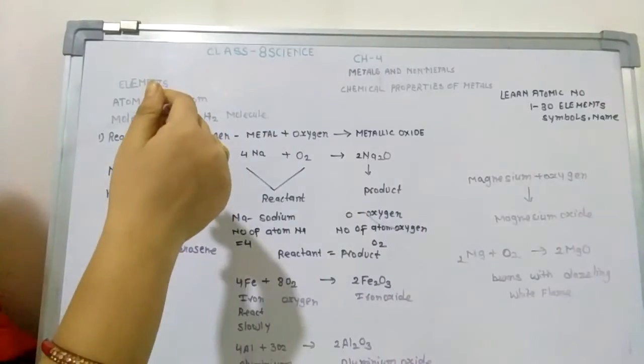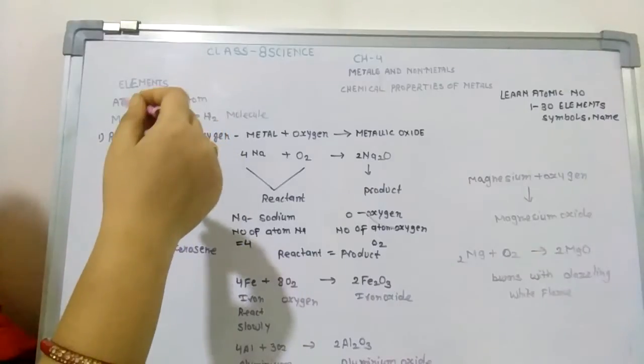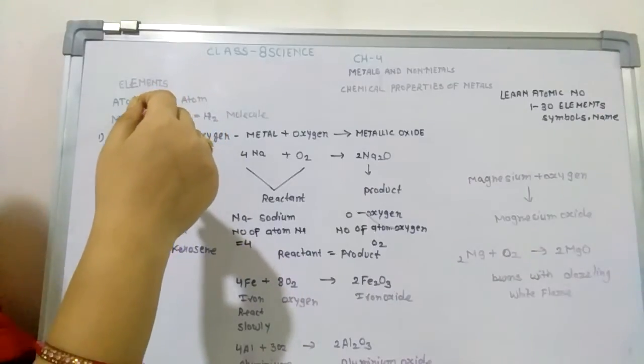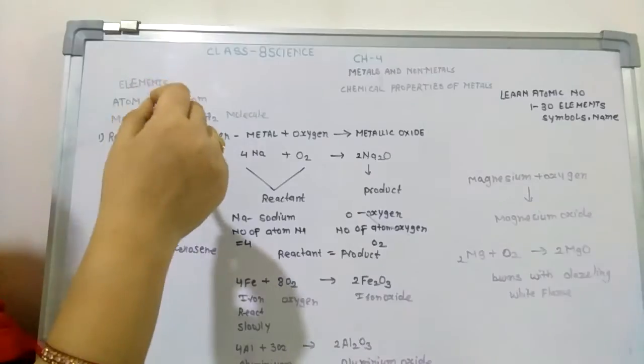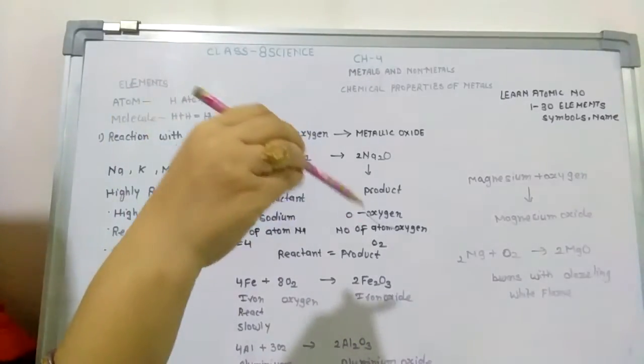Elements are made up of atoms. What is an atom? An atom is the smallest unit of an element.